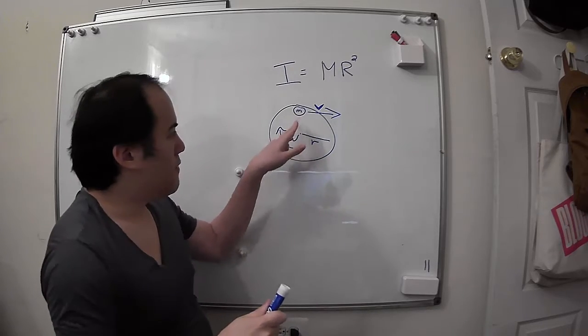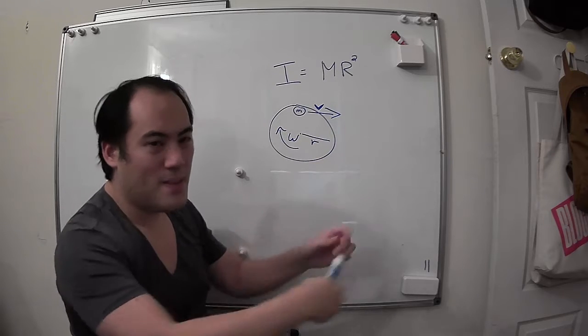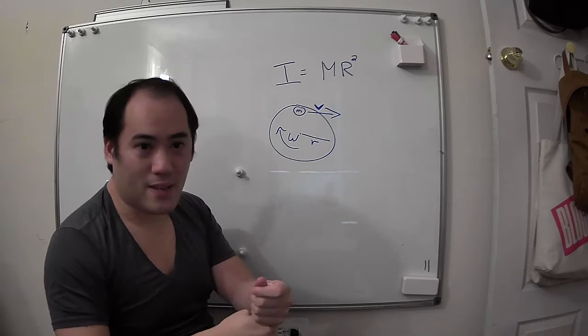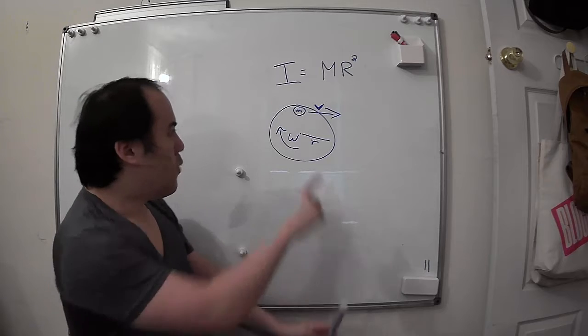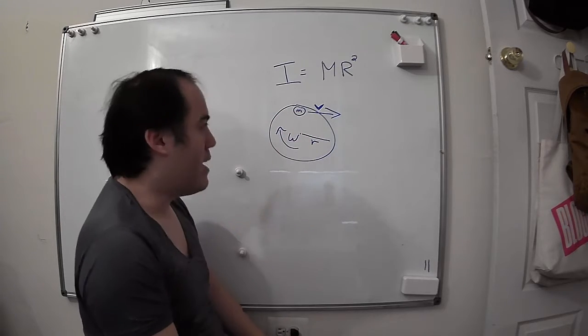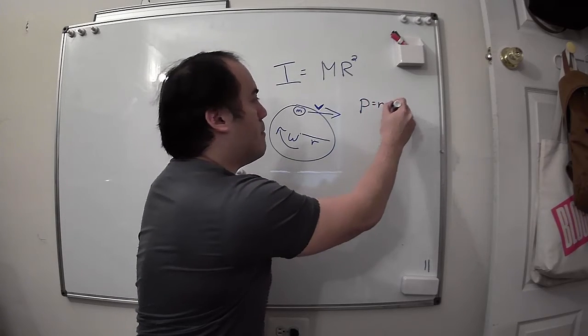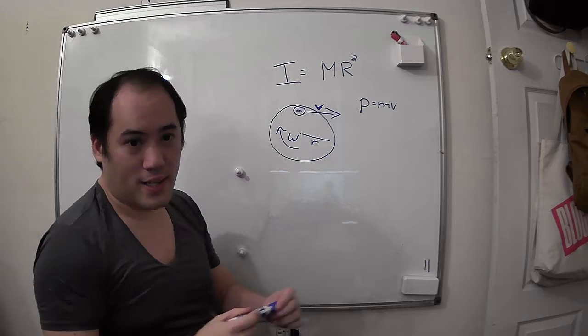So if I'm the diver and I curl up in a little ball and I'm spinning as I dive through the air, one piece of my body is moving with speed v, has mass m. It also has momentum, mv. Let's just review physics.